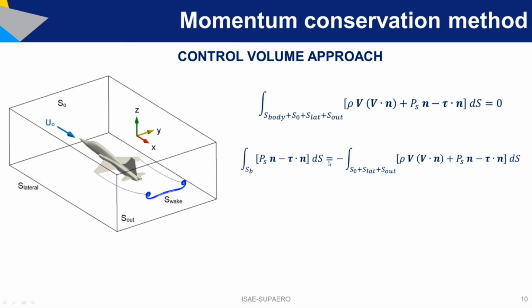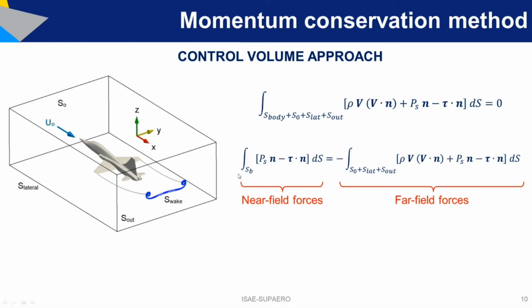And you will immediately recognize on the left-hand side that this is the near-field forces that we discussed before. So basically, this is the near-field method, mathematically linked to the control volume. We know this force. We can compute that by the near-field method. And the interesting thing is that the forces acting upon the body can also be determined by doing an integral of the forces acting on the external surfaces.